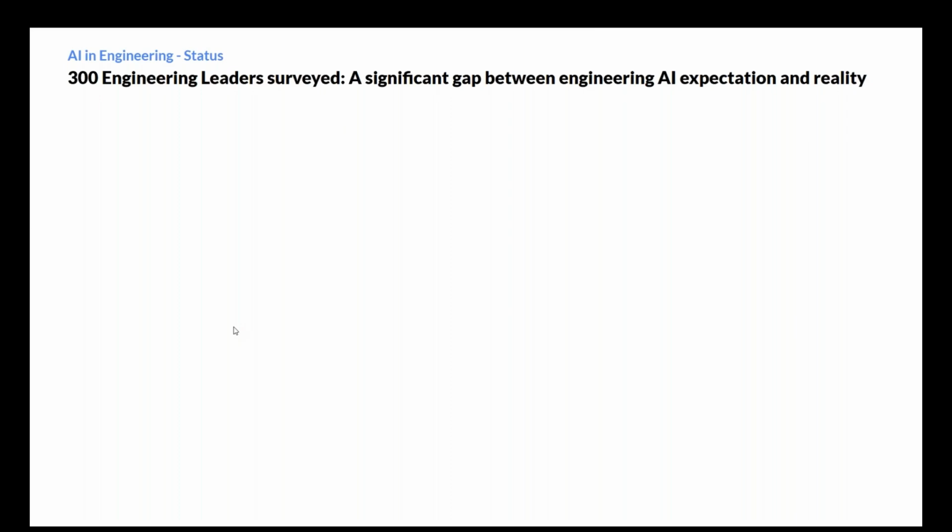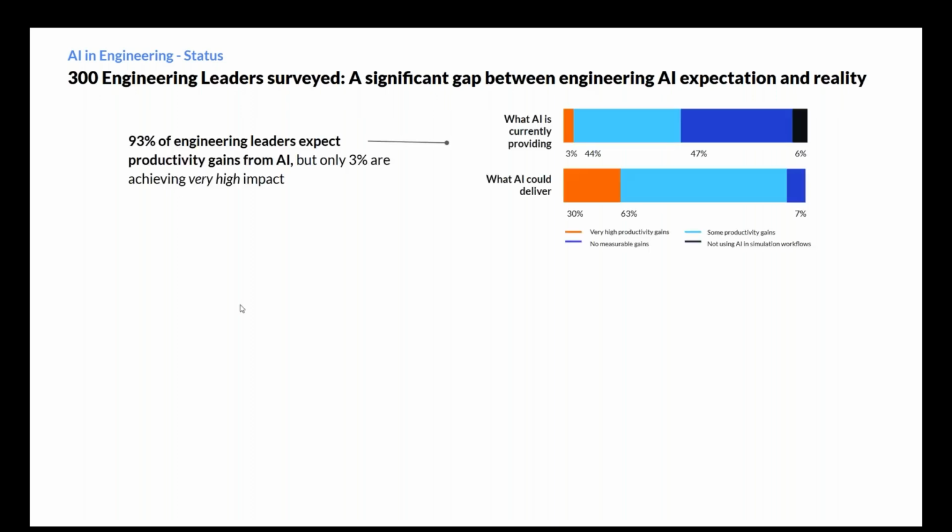Because we know that today AI is in everyone's mind. Everyone is using AI in their private life and sometimes also at work. So recently we did a survey with 300 engineering leaders globally on the topic of AI in engineering. And we got very surprising, or maybe not so surprising results if you know the engineering industry.